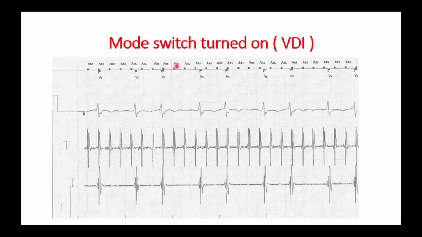The mode switch is programmable, and you can program a certain rate threshold. The tracking mode is turned into a non-tracking mode like VDI or DDI. And here it's turned into a non-tracking mode, and spontaneous conduction is occurring now.